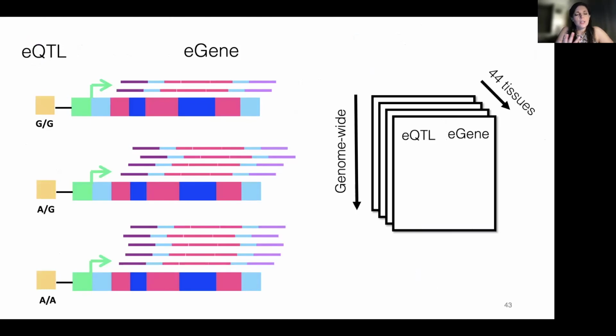And just to clarify, because it can be a little confusing, the genetic variant itself is typically called the eQTL, and then the gene that it's associated with can be called the E gene. And so they have this genome-wide, all these pairs of eQTLs and E genes, and an eQTL can be associated with multiple genes, multiple E genes. So you have all these pairs and then across 44 different tissues.